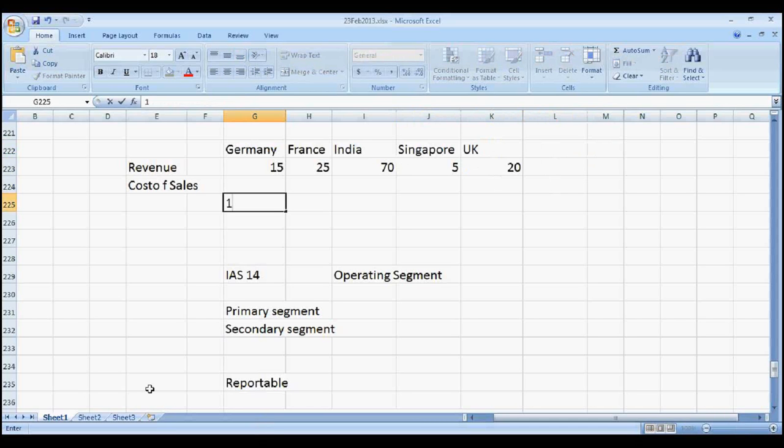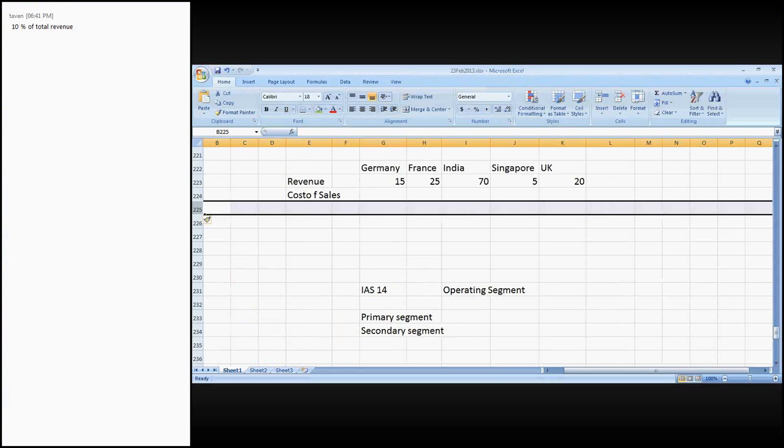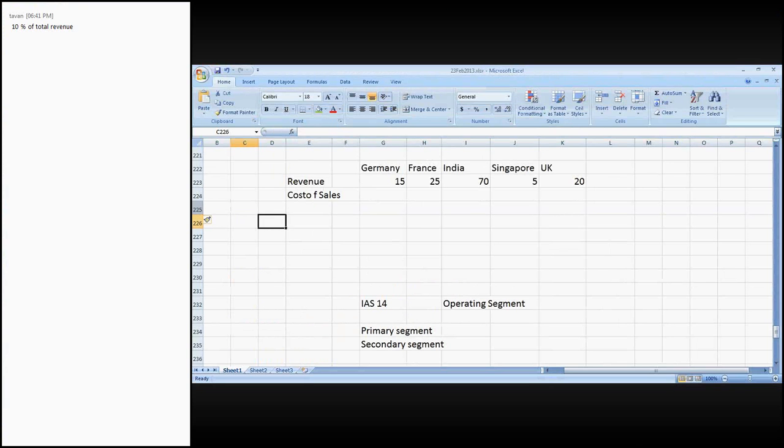If we are using the quantitative threshold of revenue, what is the requirement? The reported revenue should be 10% or more of the combined revenue of all operating segments.